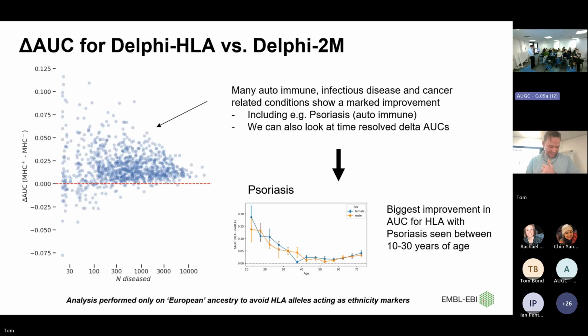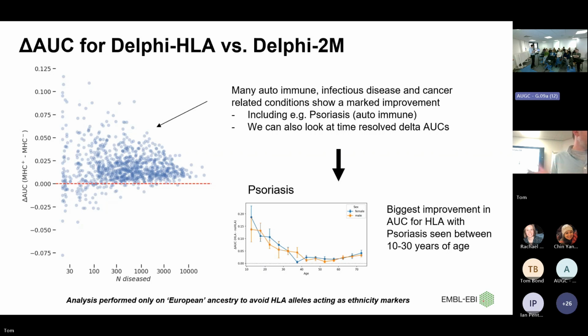This slide gives you a sense of quite a lot of work that went in. We trained a new model, which was pretty much exactly the same as the DELPHI 2M model, only that we have this one hot encoding for the HLA alleles, which are given to everybody at birth. And here we're looking at the delta AUC between the DELPHI 2M model and the new model, and I hope you can appreciate that we have quite a big shift.